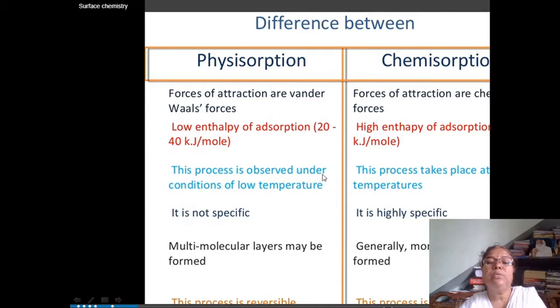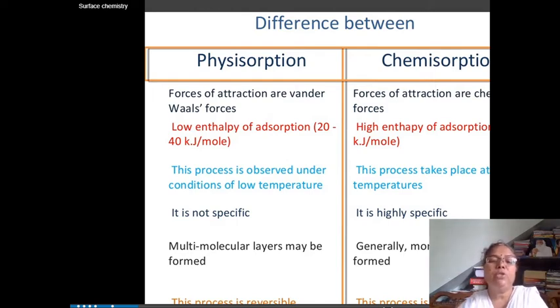Then this process is observed under conditions of low temperature, and opposite of this it takes place at high temperatures. Then the chemisorption is specific one or highly selective one, and the physisorption is not specific.